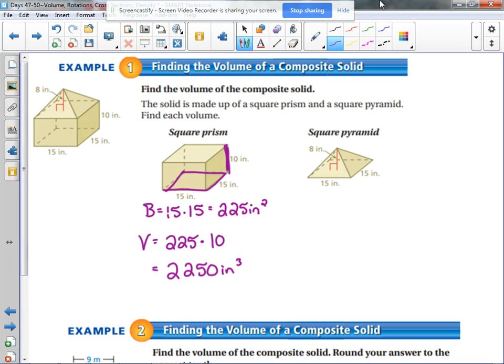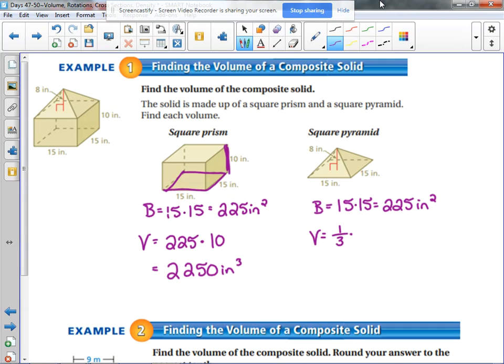The volume of the pyramid, we start with the area of the base. That base is the same as the other base. It's a square. 15 times 15 is 225. Okay, the area of its base is the same as the area of the base of the prism because they're the same, right? All right, now the volume of a pyramid is 1/3 times the volume of the prism.